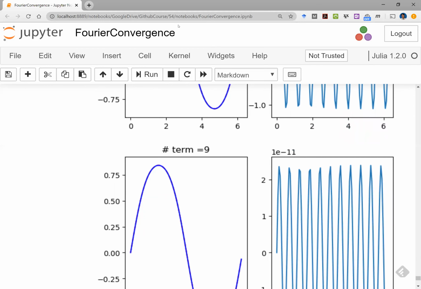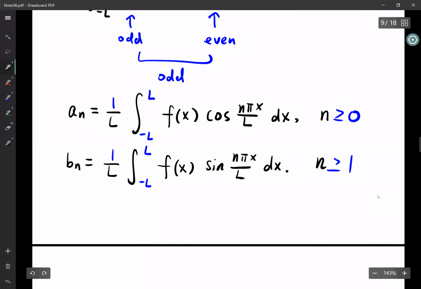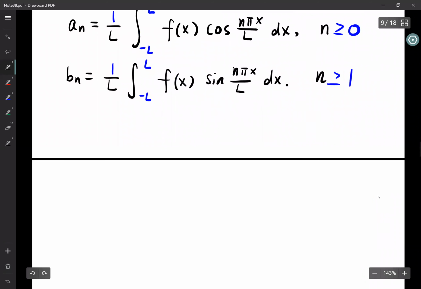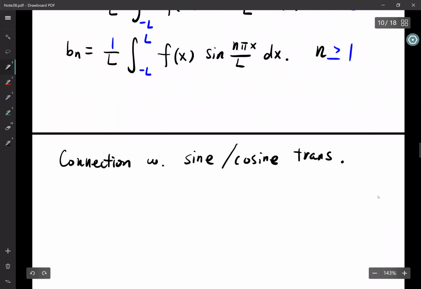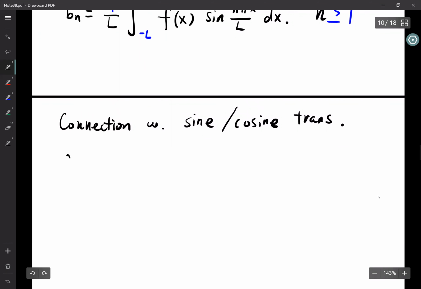Okay, so now let me say something. First of all, we want to make a connection with the sine and cosine transforms we have learned before. This is really related to whether the function, which is of period 2L, is an even function or an odd function.